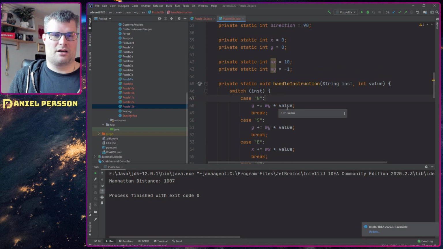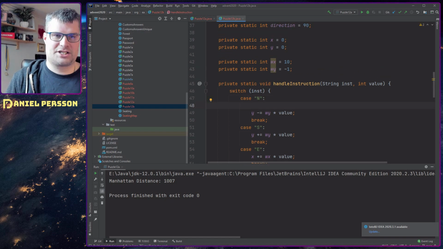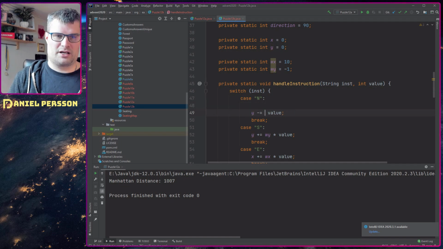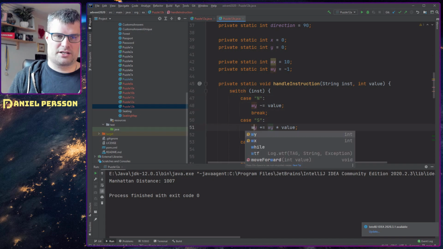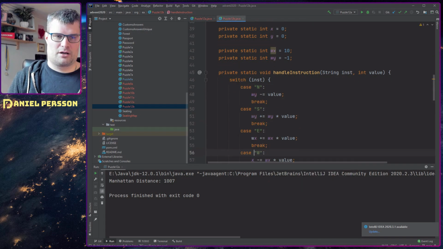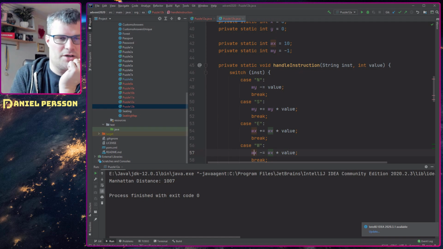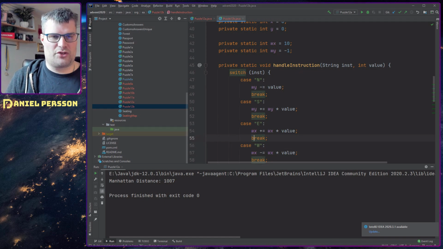Here in north, we will actually do the same thing that we did before, but we will do it with the yx and wx and wy. So we will move the waypoint, the different values here instead.